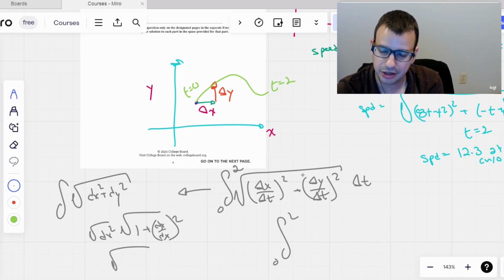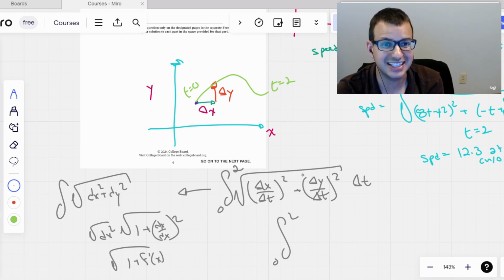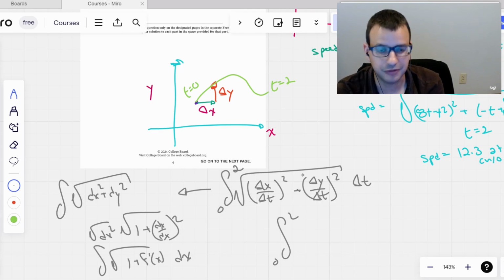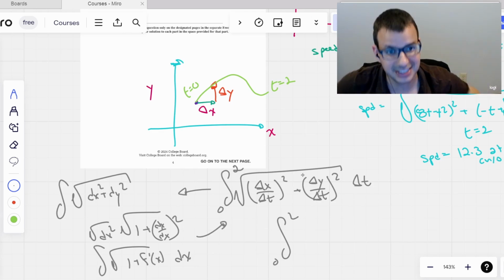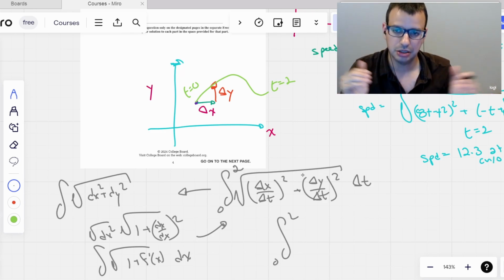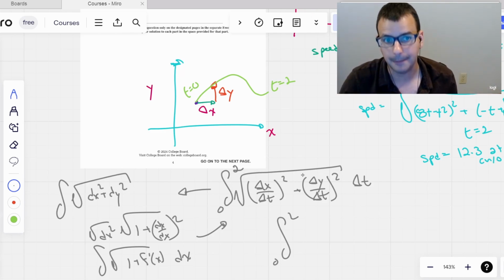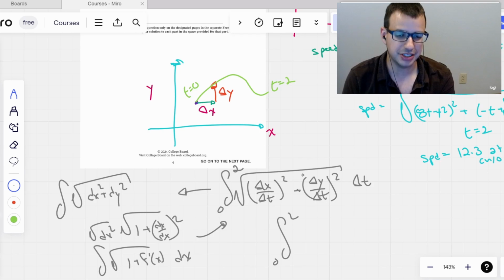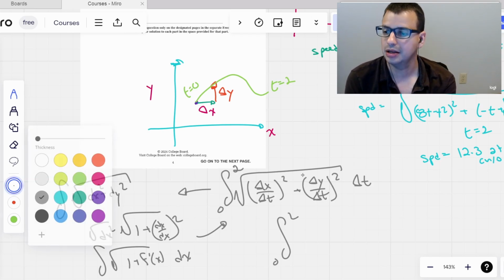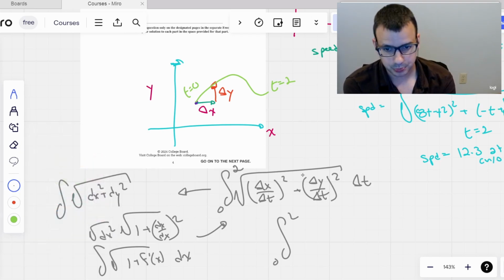And when you simplify that, you get the square root of 1 plus f prime of x squared, where f prime is the same as dy/dx, times dx, integrated. So this is probably the arc length formula that you're used to seeing. This right here is the exact same concept. We just don't have to simplify it because we're given dx/dt and dy/dt, and we can just look at it straight away like that.